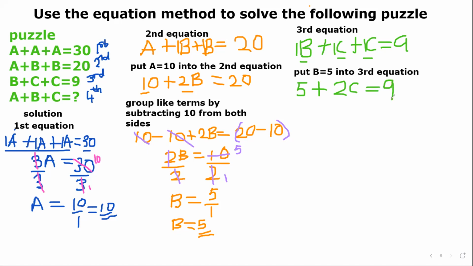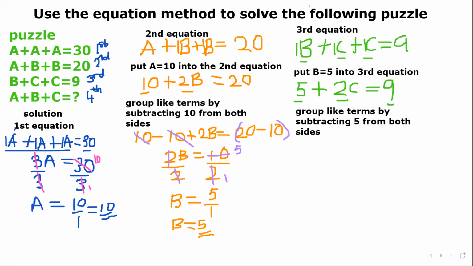To find the 2C, you need to group like terms, because here is a number and alphanumeric, and there's a number here. So this side must be alphanumeric only, and you have to vanish this 5 from the alphanumeric area by subtracting 5 from both sides. Okay, good.